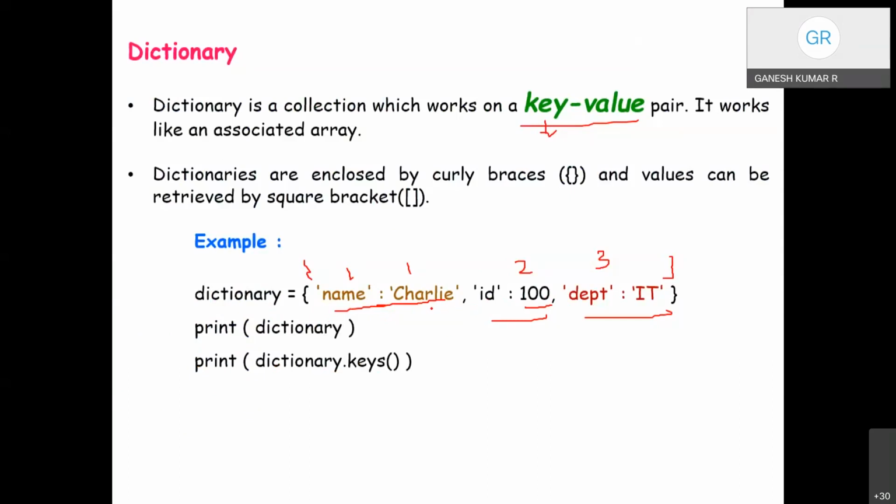I don't want the values; I would like to check only the keys, selective keys. Then we can use the function print dictionary dot keys. This statement will retrieve only the keys.